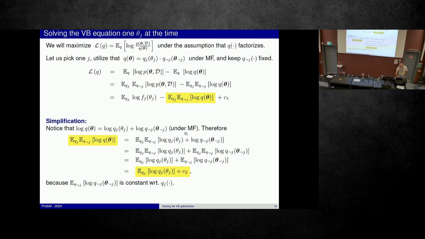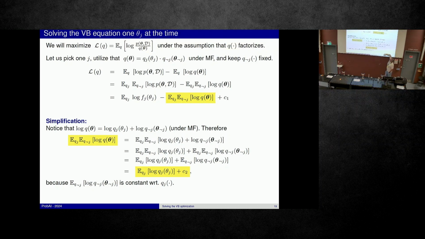Now, this part. Here I get to use my mean field assumption again. So, log of joint is log of dimension j plus log of the rest. This is the mean field. Here, expectation of sum is sum of expectations.